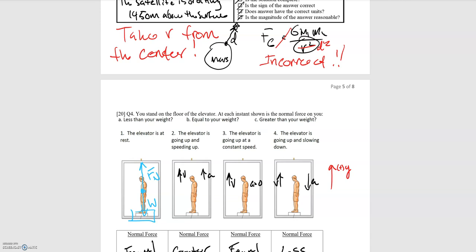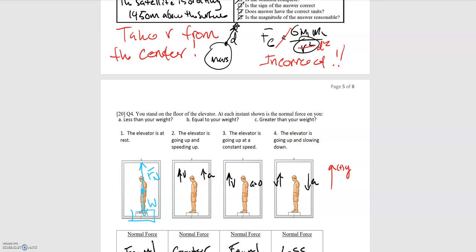As long as you're near the surface of Earth, your weight does not change. What can change is the normal force, because that is going to match whatever your acceleration is. If you don't have any acceleration, then the normal force is going to oppose your weight force equally. But if there is a net acceleration, then the normal force is going to change. We have experience with this, driving over the top of a hill or going down a hill at the bottom.